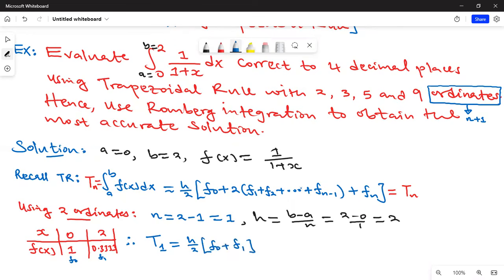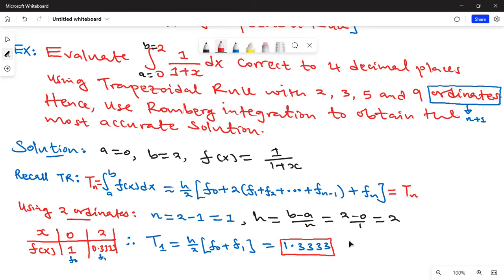When you substitute those values of h, f0 and f1, you need to get 1.3333, correct to 4 dp. That is the approximate value of that integral when you use one subdivision.